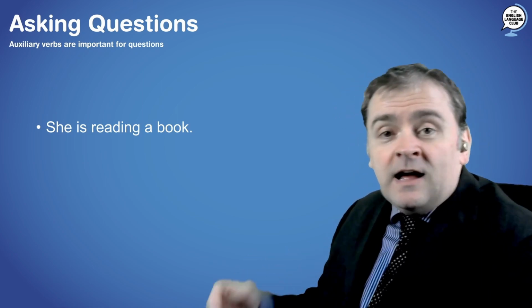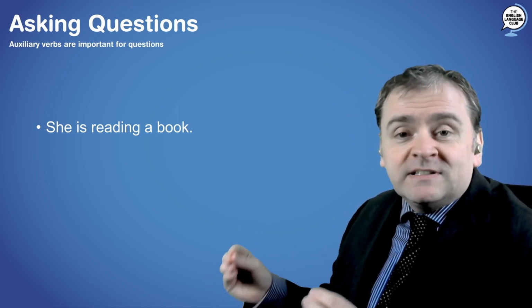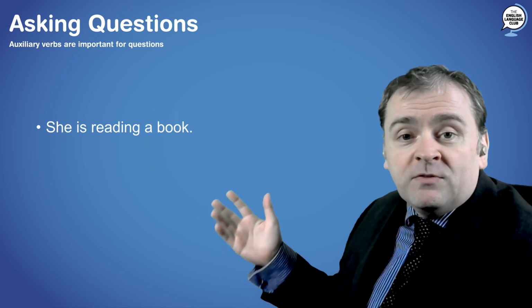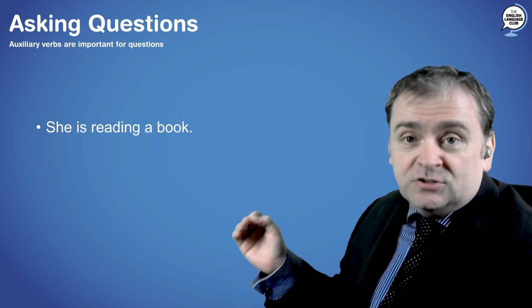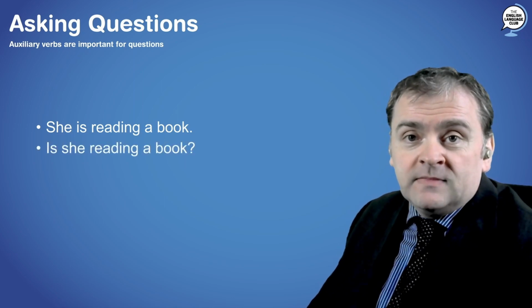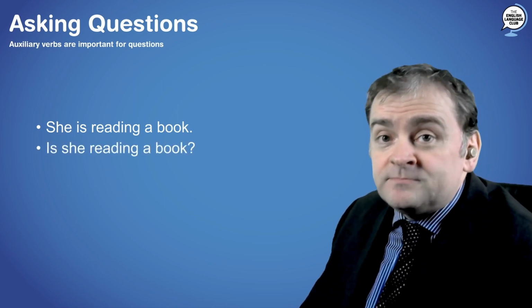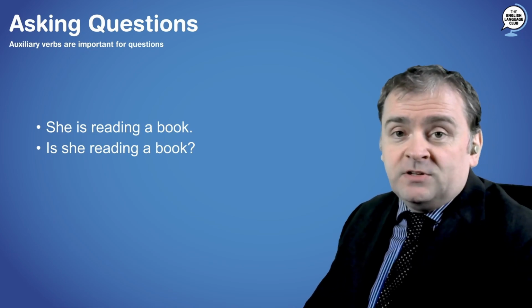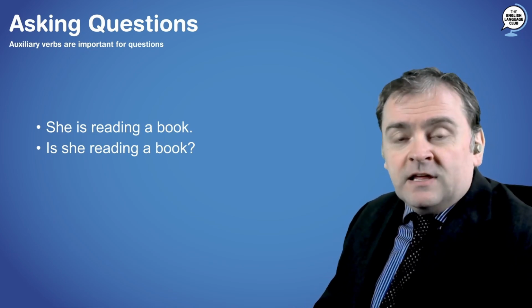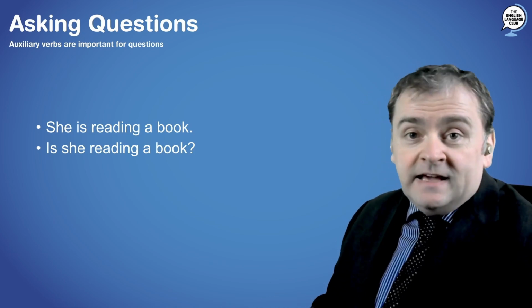This sentence is in the present continuous tense, and we know this not just because it has the ing form of the main verb, but because the auxiliary verb is to be. So to make this a question, we put the auxiliary verb before the subject. Is she reading a book? When we ask a question like this, starting with an auxiliary verb, it can always be answered with a yes or a no.